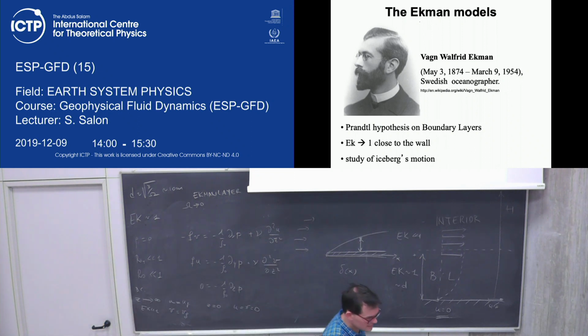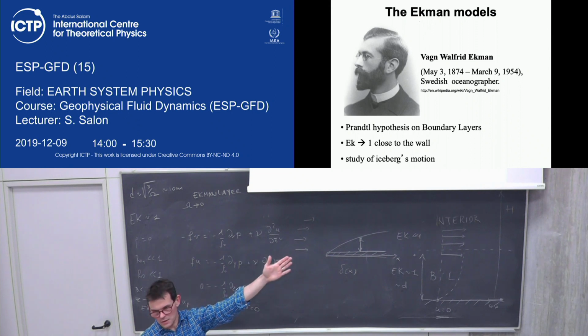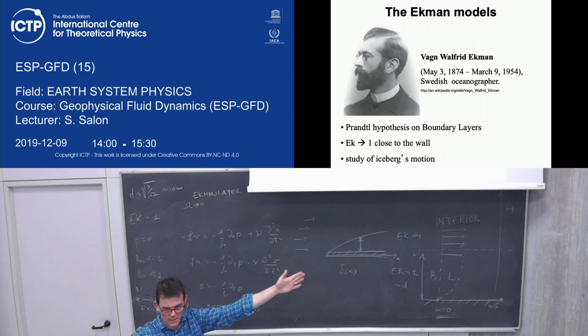Ekman had a professor, Nansen. Nansen was a Norwegian professor who was also an explorer and went to collect a lot of data in the Arctic Ocean. He gave to Ekman, who was a young student, a thesis trying to explain why he observed from the ship that if the wind was blowing in this direction, the icebergs were drifting in this direction.